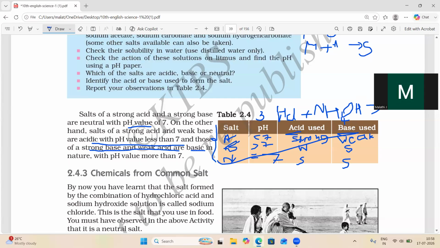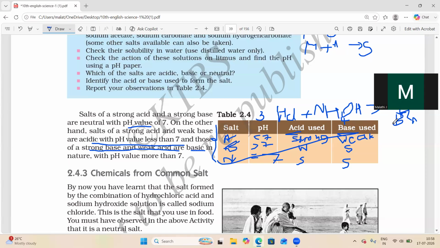Always in this salt, the first part you get from the base and the second part from the acid. See here, if you observe, NH4 we get from a base, Cl we get from an acid. That is how the acidic salts will be formed.